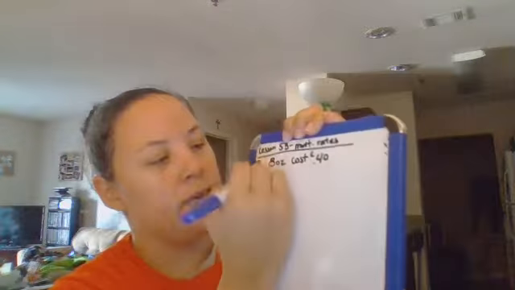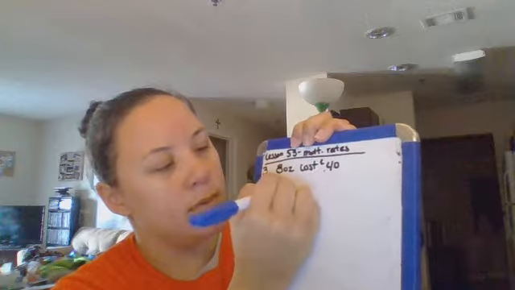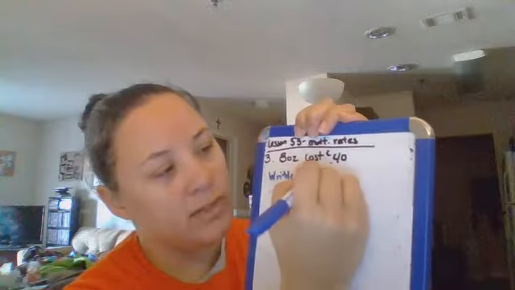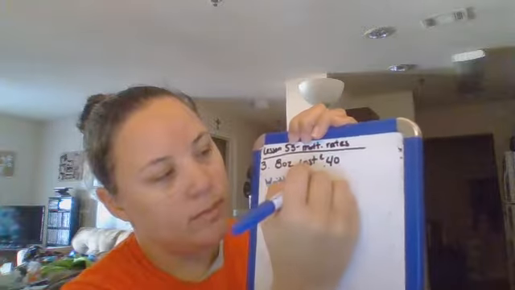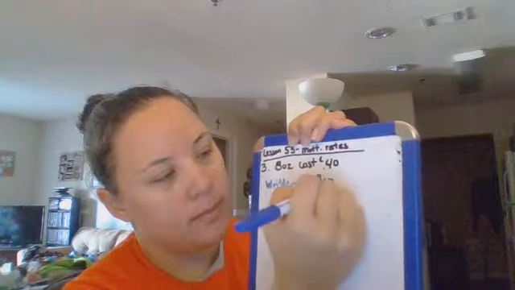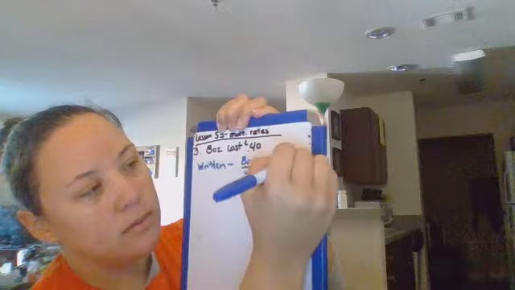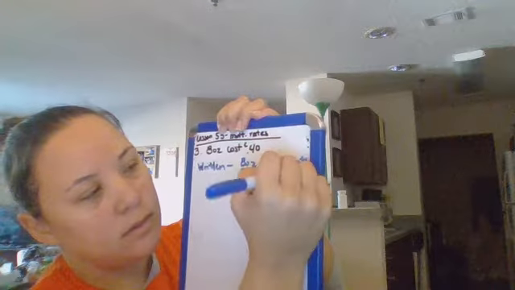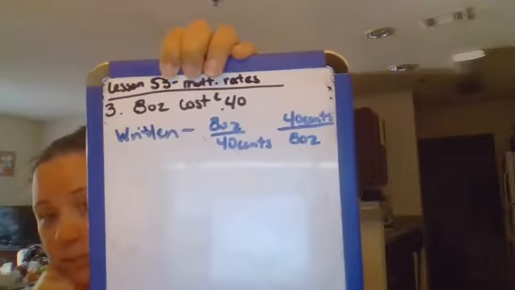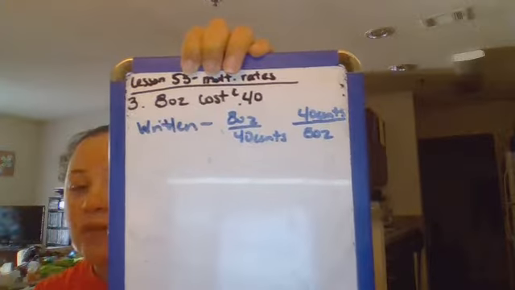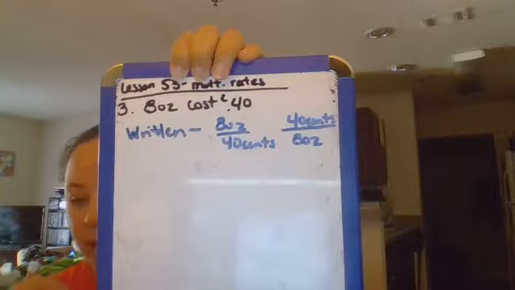It can either be written as 8 ounces over 40 cents, or 40 cents over 8 ounces. So 8 ounces of something costs 40 cents can either be written as 8 ounces over 40 cents or 40 cents over 8 ounces.